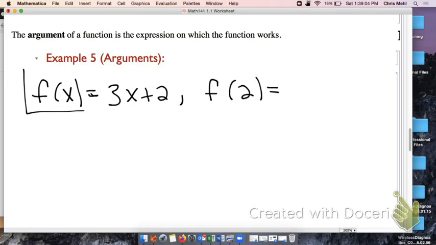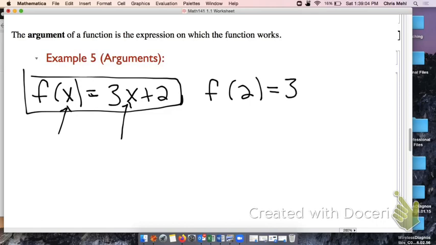This formula right here is kind of the recipe for how to cook up or make the outputs from the inputs. It says whatever your x value is on the left, so f of x, whatever your input is, you're supposed to multiply it by 3, and then after multiplying, add 2.